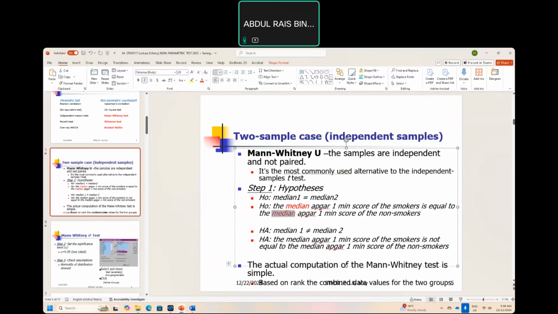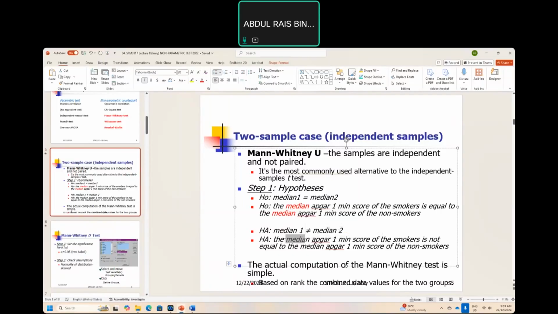Meaning we predict that the median score of smokers in group 1 is equal to the median score of non-smokers. In other words, you juga tulis, there is no significant difference between the median score of smokers versus non-smokers. Whereas the alternate hypothesis sama juga.